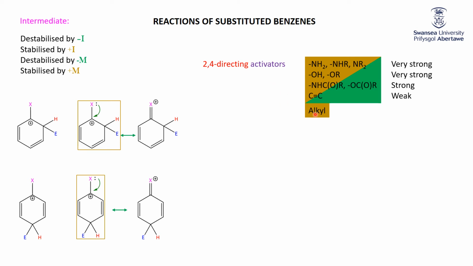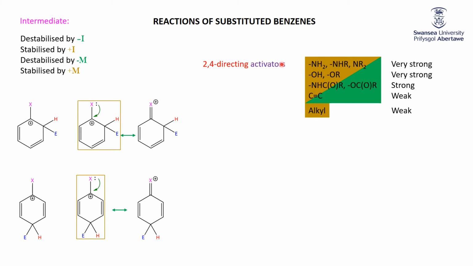weak. Then of course you've got the little alkyl down here. I don't know if you've noticed my color coding, in a way, but the alkyl group only has that positive inductive effect, and it's a weak one. So methylbenzene is more reactive than benzene, only just. Put an OH on there, phenol, or an NH2, aniline, and they're very reactive compared to benzene because they're very strong activators.